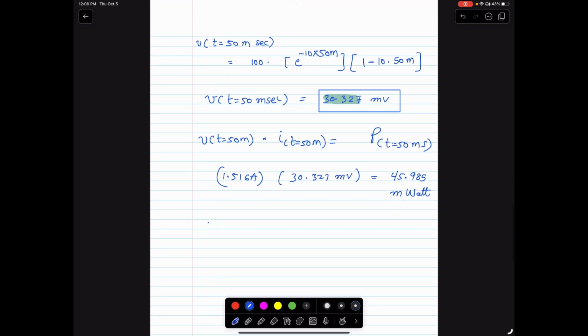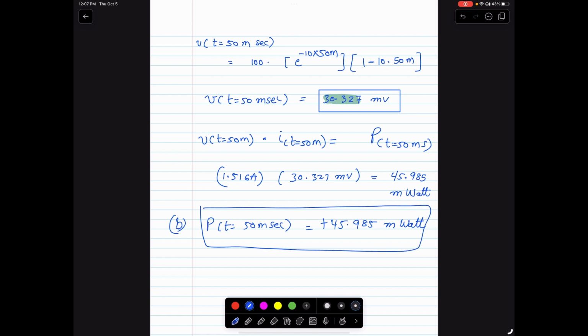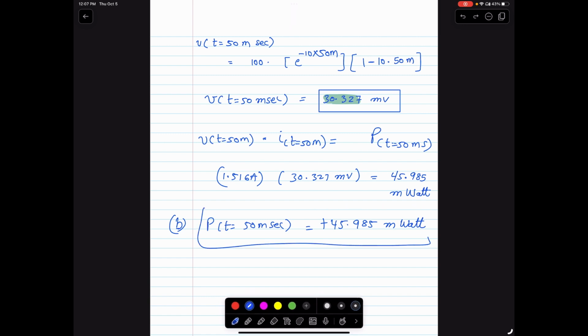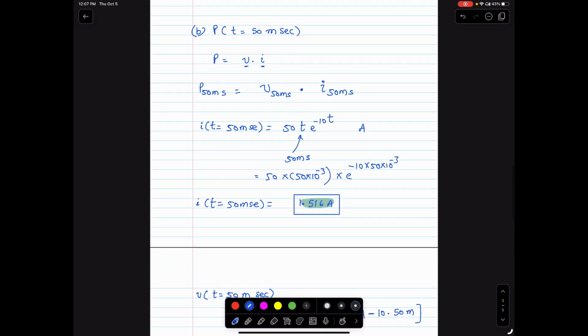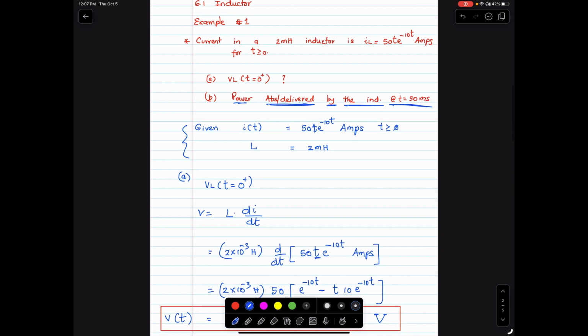Okay, so the power, therefore, for problem B, the power at t equals 50 milliseconds equals 45.985 milliwatt. Does that answer the question completely? Not quite, because the question still asks us to say whether this is power absorbed or delivered. Pay attention to this.